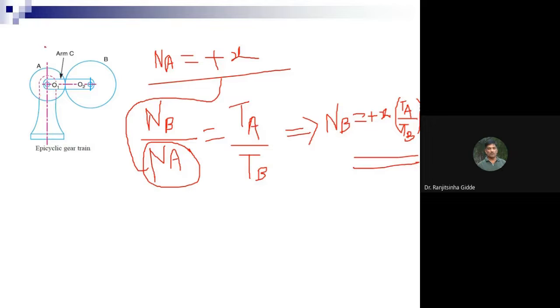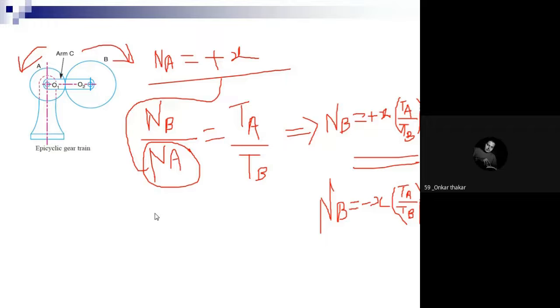So again, A is rotating in anti-clockwise and B is rotating in clockwise direction. So therefore, NB is equal to minus X TA upon TB. Did you understand this second row, Omkar?